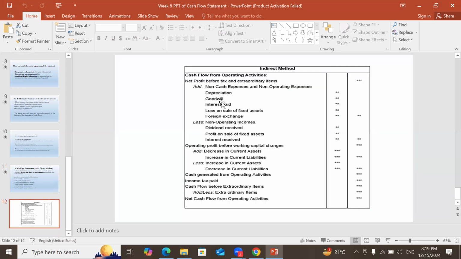The indirect method is somewhat more difficult. At first, consider net profit. Then you subtract and add: some items are added, some are subtracted. Then finally you get net cash flow from operating activities. This is the indirect method.